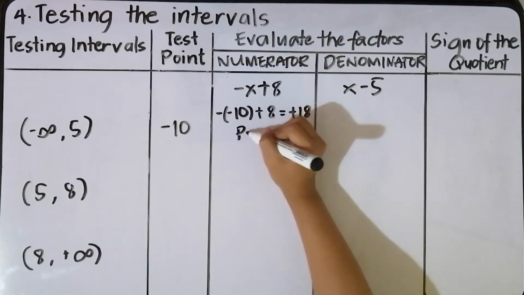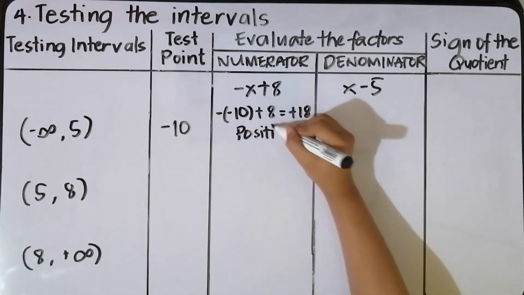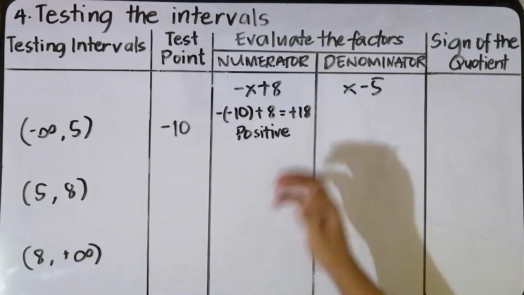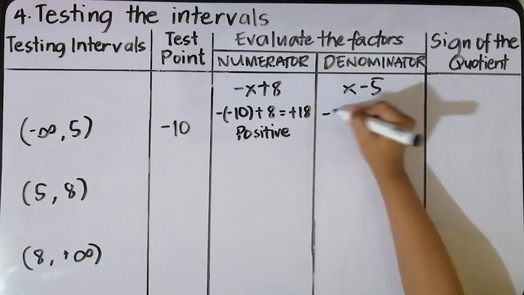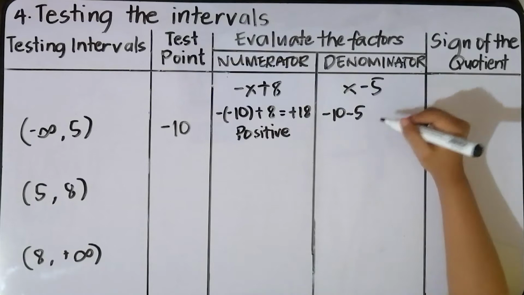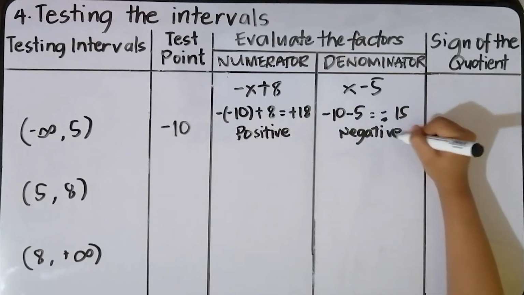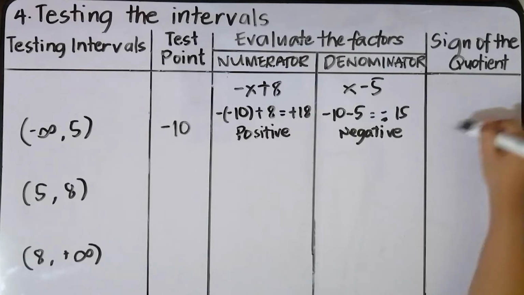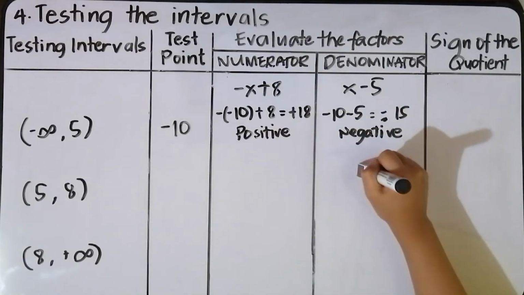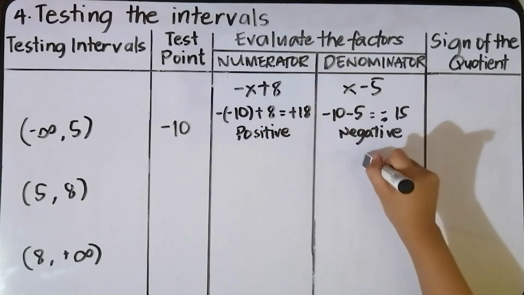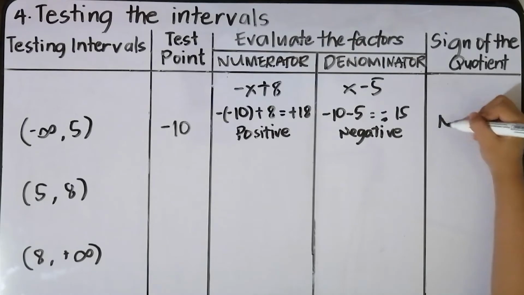So, this numerator is positive. Again, we just need to consider the sign of the evaluated factor. Next, we have negative 10 minus 5. For the denominator, we have negative 15. So, this is negative. To get the sign of the quotient, we just divide the signs of the numerator and denominator. So, we have positive divided by negative. So, we have a quotient which is negative.